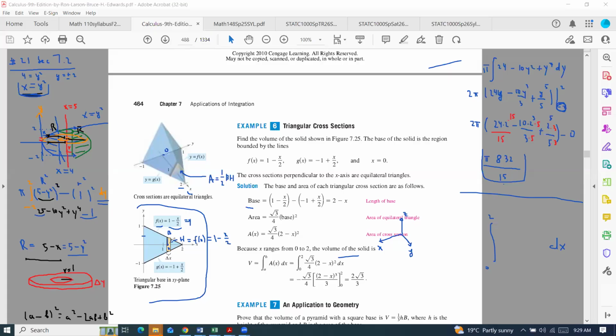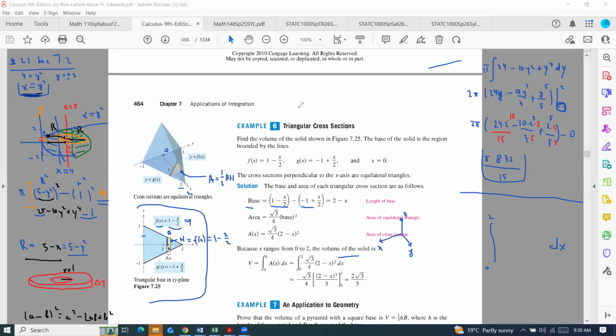And what about the base? For this triangle, right? So how can I find that out? Well, looks like I need to now be a little bit more careful. Let's see, it's 1 minus x, subtract y minus x over 2. So what are they talking about?